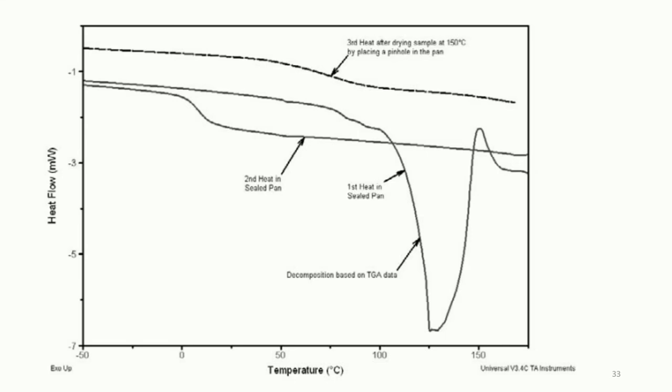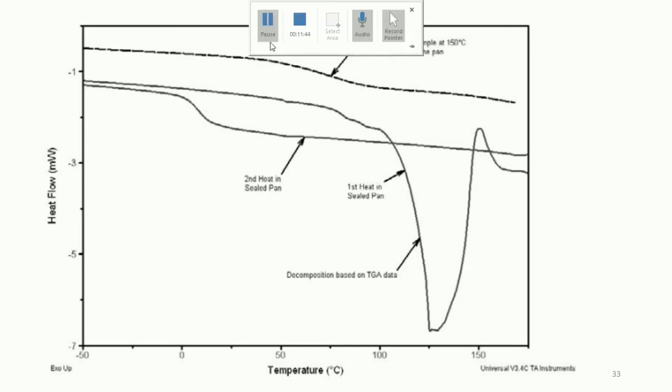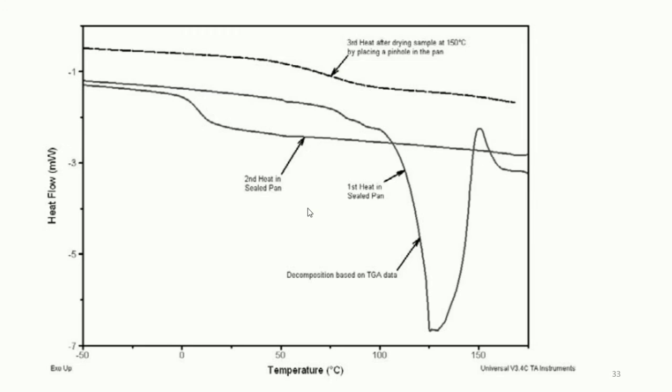The TGA results show that the sample probably contains slightly more than 1% of water molecules. The thermogravimetric results show that the sample may contain slightly more than 1% of water molecules in the pharmaceutical sample.